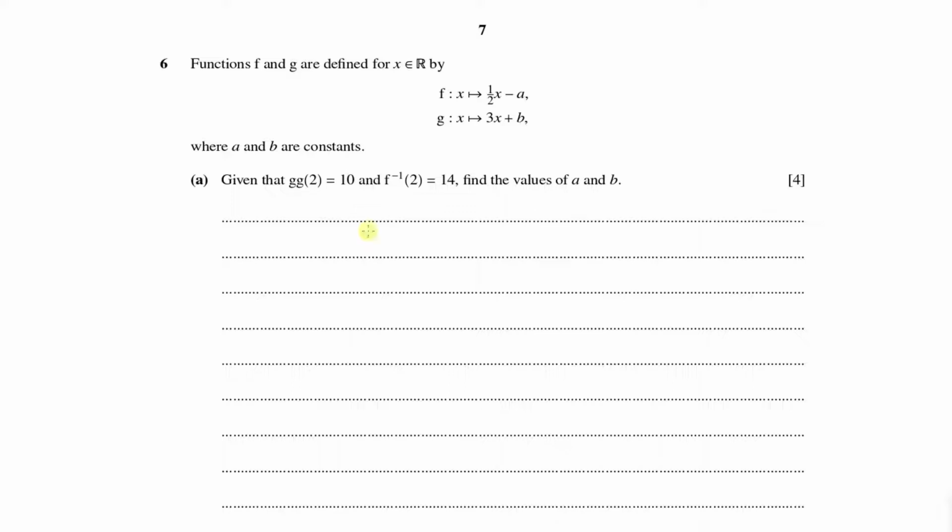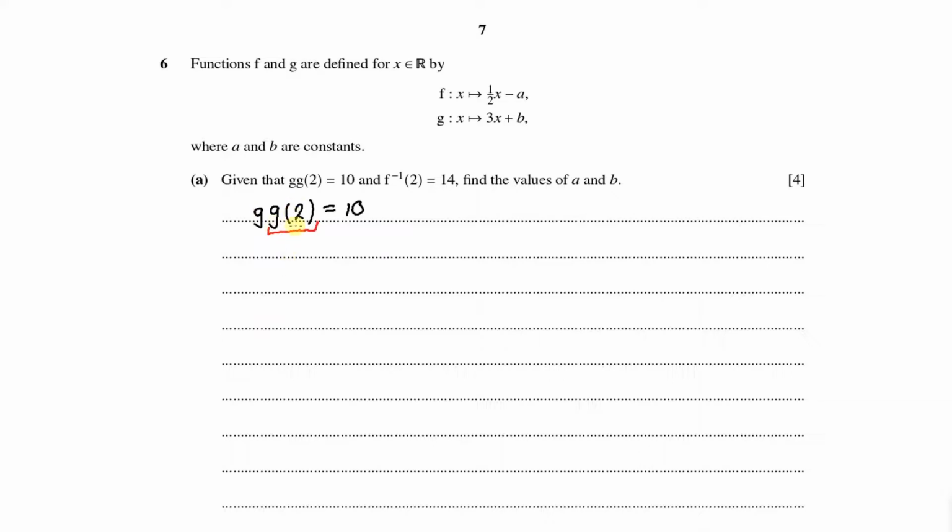So here we've been given that g of g of 2 is equal to 10. So how do we handle this? First of all, I will work out g of 2, because for this composite function, g of 2 is an input into the first g here.